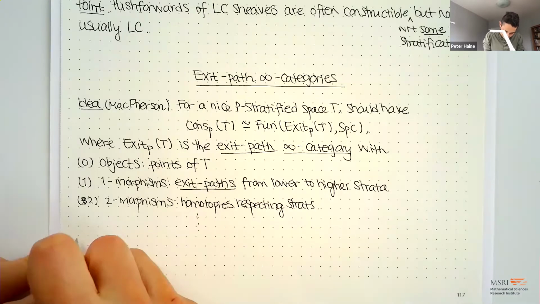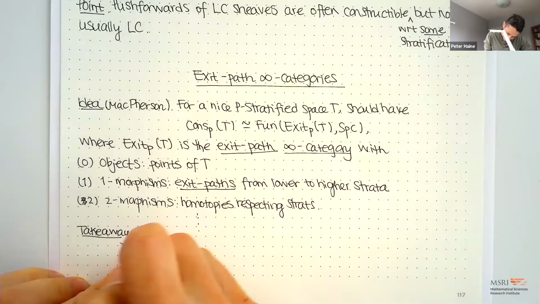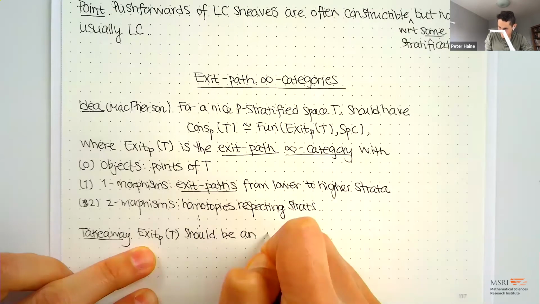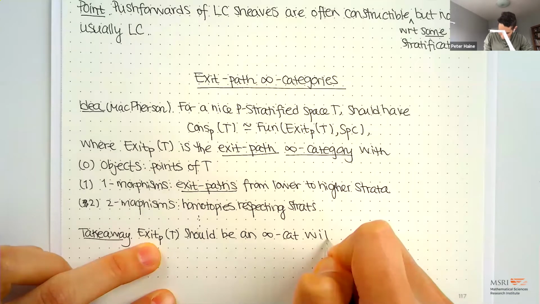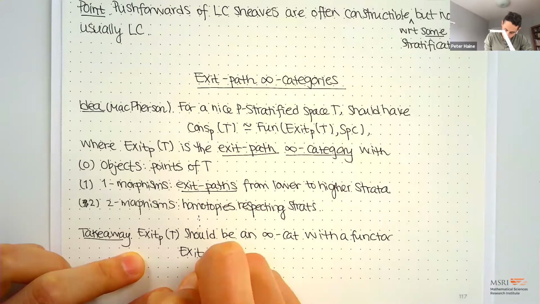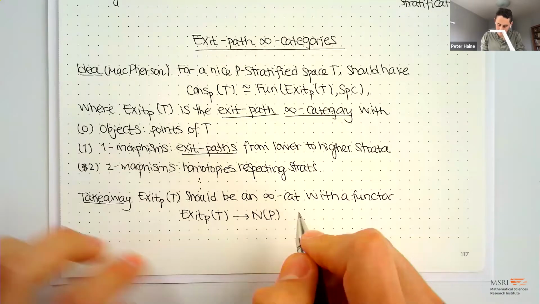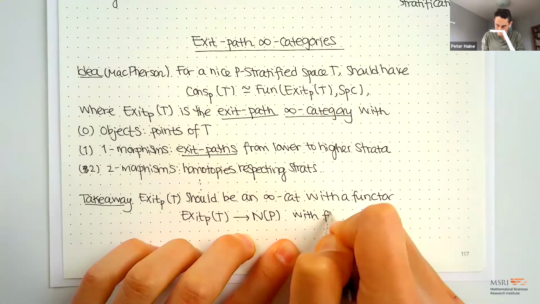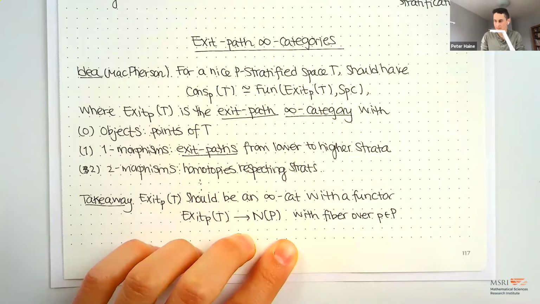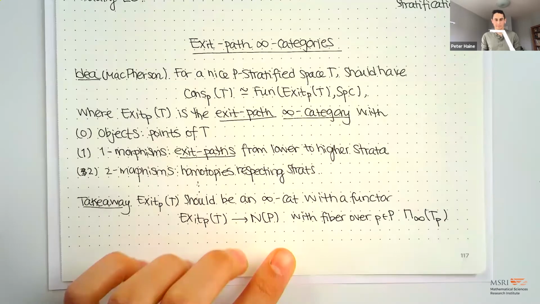But here's what the takeaway is supposed to be: this exit P of T should be an infinity category with a functor to the poset P, which I'll put the N so that we don't get confused with all the various P's, with a fiber over P. In a single stratum, I was allowed to just take any path, so I should just take the underlying homotopy type of that stratum, the fundamental infinity groupoid.